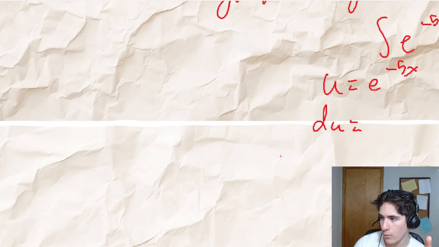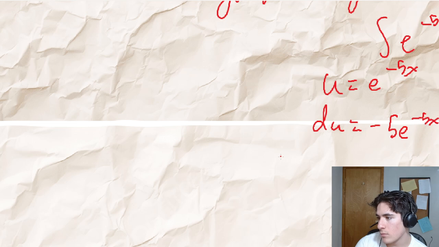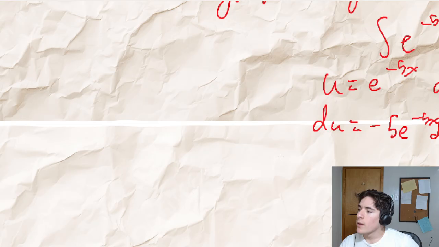This is a whole other thing, but hopefully you know what I'm talking about. dv equals dx, v equals x.